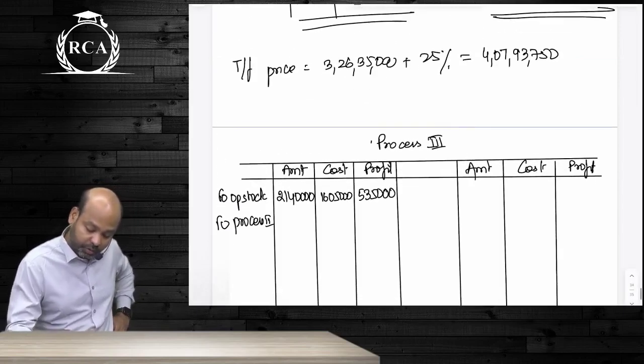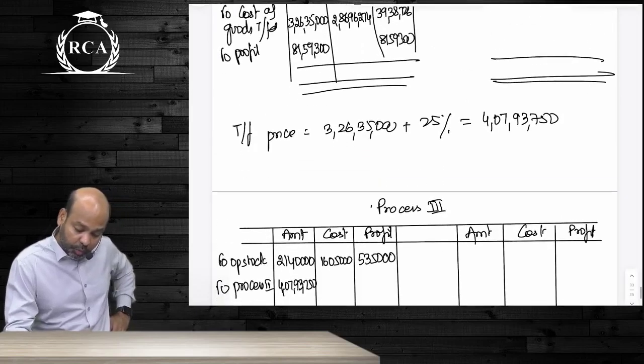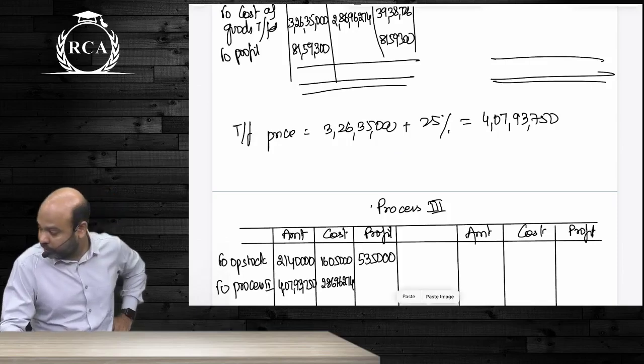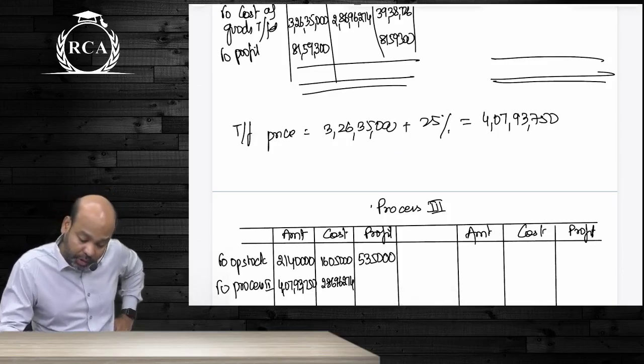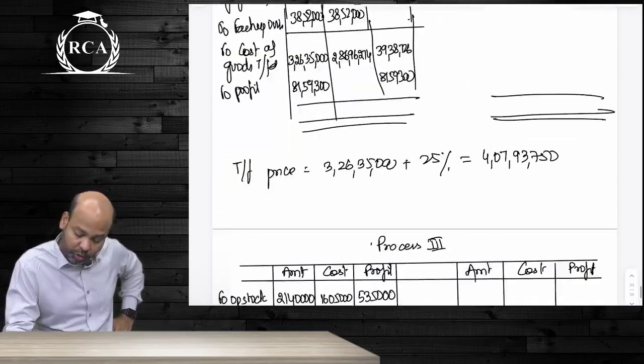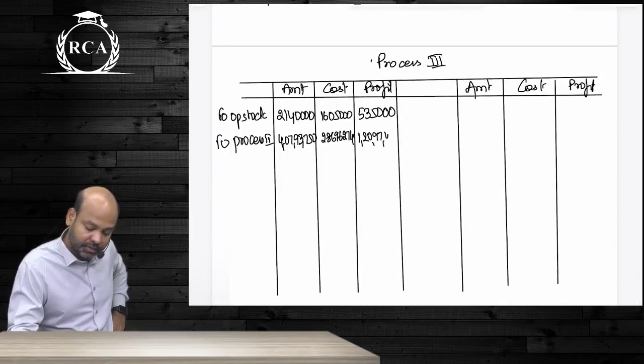Now before we write other expenses, we will write what is the amount of inventory that got transferred from process 2 guys. The total value of which was 4 crores 7 lakhs 93,750. The cumulative cost of which was 2 crores 86 lakhs 96,274. And the profit markup included in that beta was cumulative 1 crore 20 lakhs 97,476.